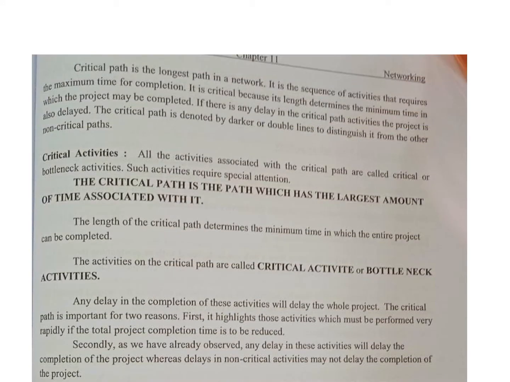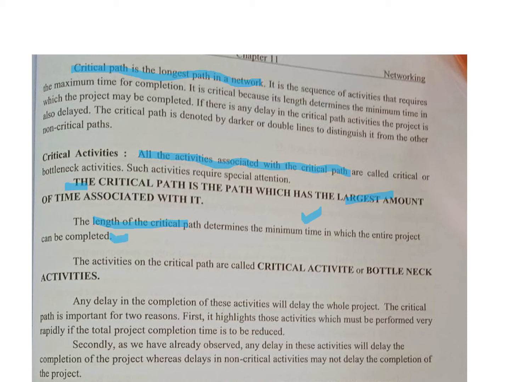So critical path, in short, it is the longest path to a network, right? And critical activities are what? They're all activities associated with the critical path. They are called the critical activities. So the length of the critical path determines the minimum time in which the entire project can be completed, right?